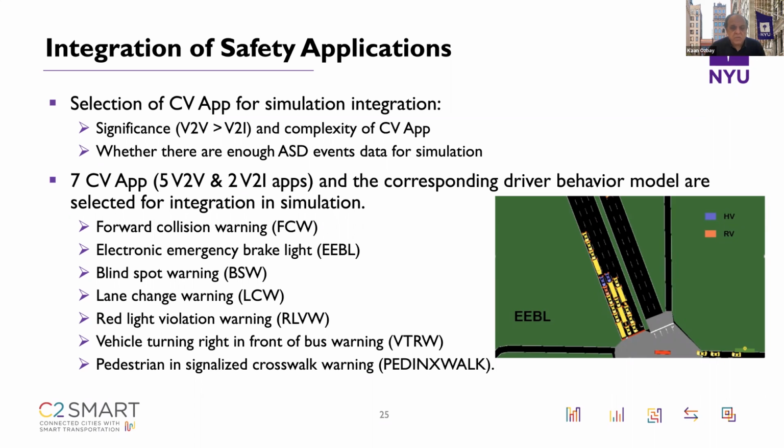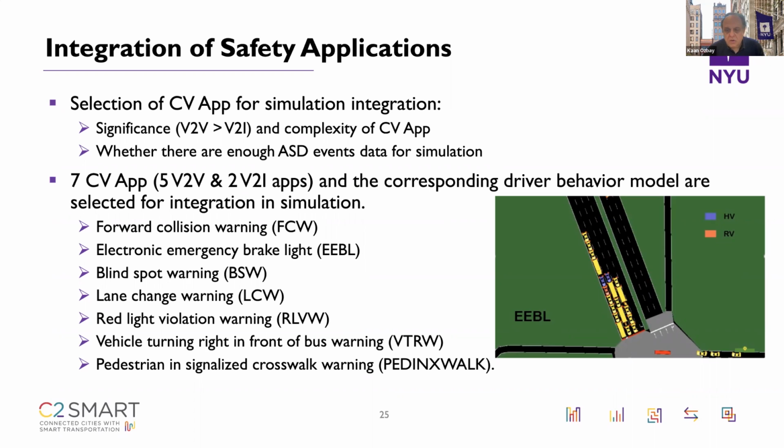These are the ones that we programmed into the SUMO simulation so that we can now run scenarios and see how they affect safety and operations in larger deployment scenarios, for example, not just 3,000 vehicles, but different percentages.